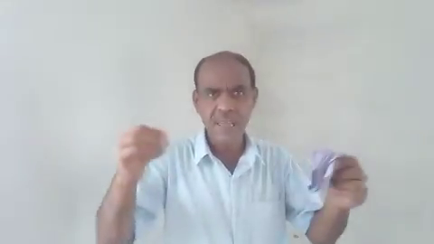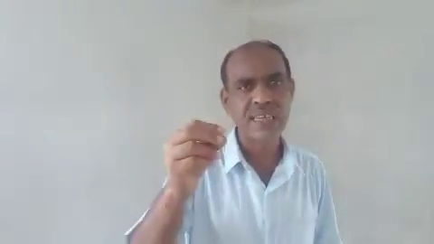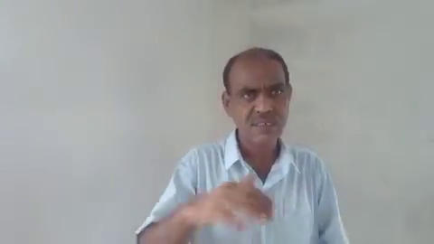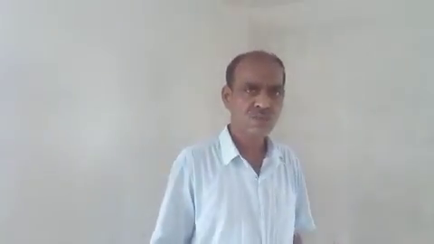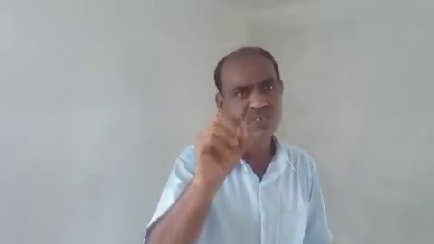In the same expression for time period, if you put small h, the distance of the satellite from the surface of the Earth, equal to 0, for satellites which are nearer to the surface of the Earth, just to get an idea about the time period, you will get T equal to almost 84 minutes.